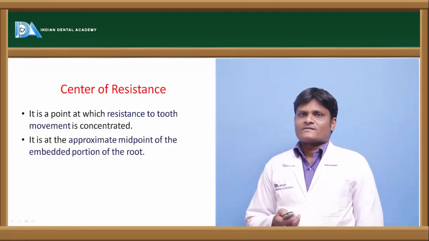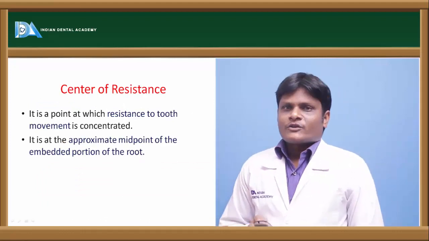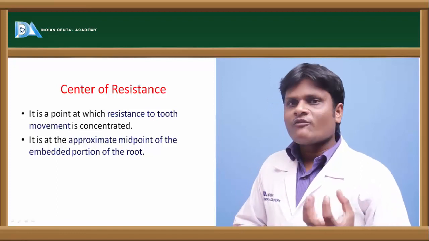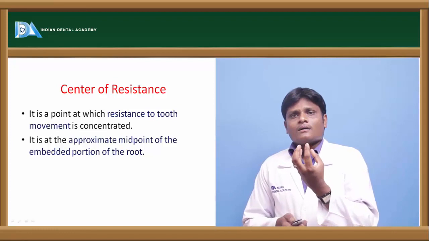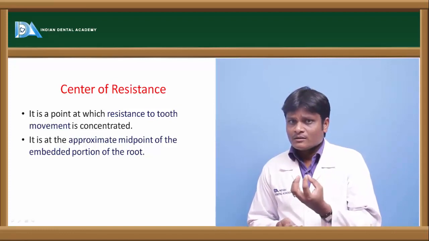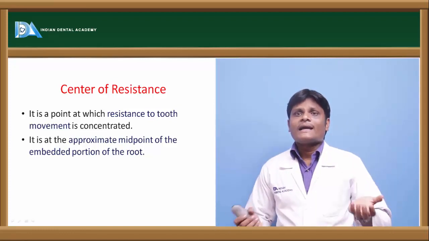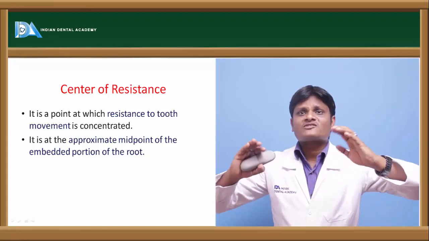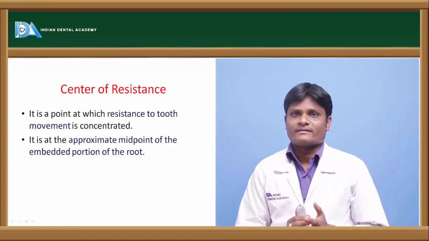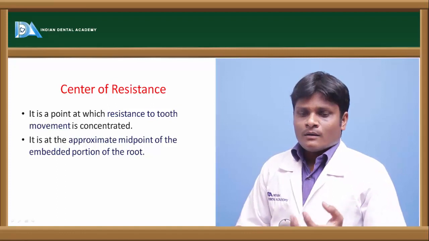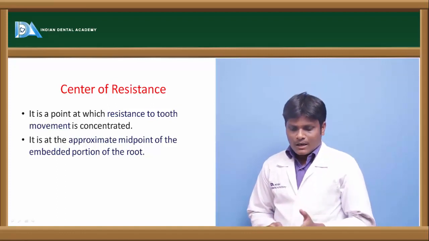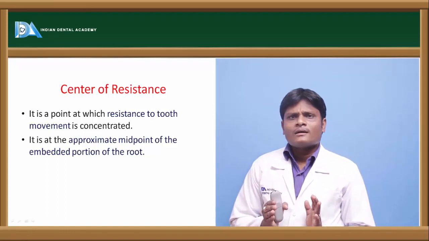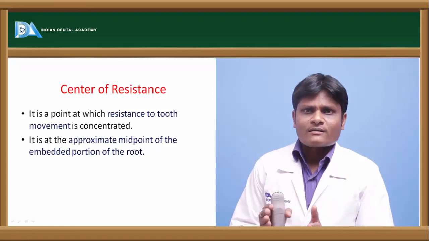What is center of resistance? As I told you, center of resistance is nothing but a point that is present within the body where the entire resistance offered by the structures around it is concentrated. So, these are the three basic terminologies. Now, what is their effect on the type of movement?